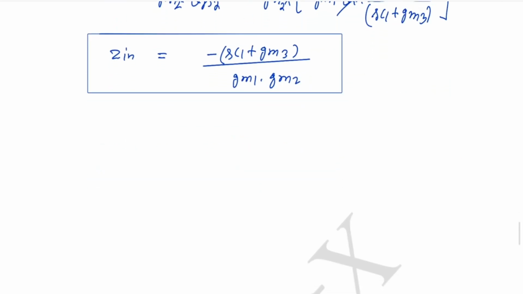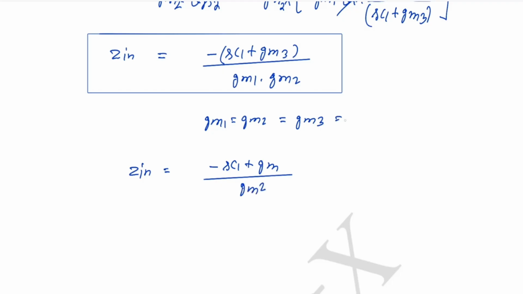Now we will assume gm1 equals gm2 equals gm3. So Zin will be minus sC1 plus gm, divided by gm square. Suppose it's gm. Now this will be minus 1 by gm and minus s into C1 divided by gm square.